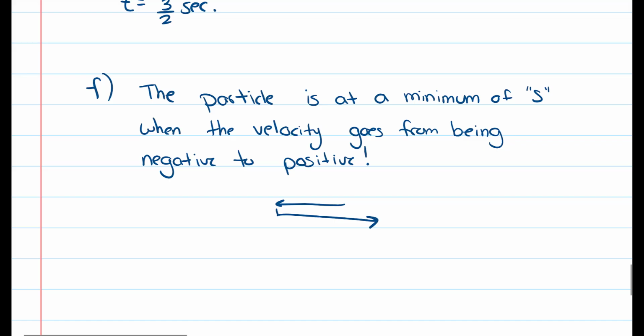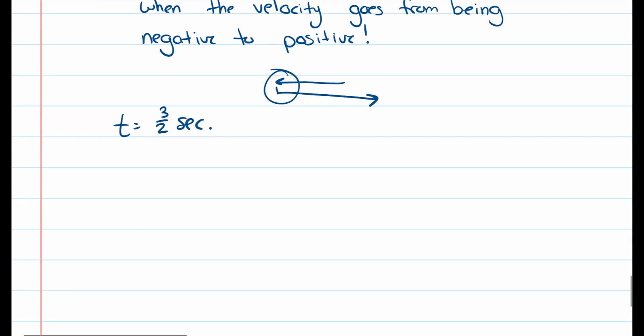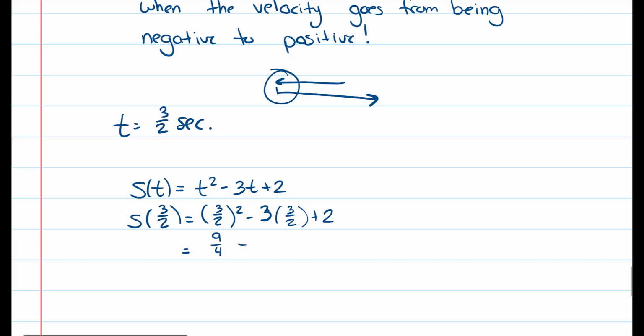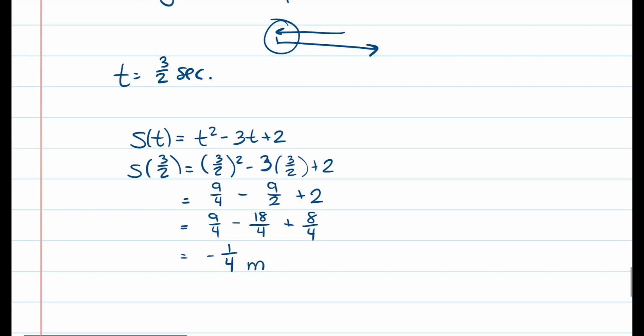And since this thing never turns around again, the minimum is when t is equal to 3/2 seconds. So in order to find the position, we're going to plug that time into our position formula. So s of 3/2, and then all we have to do now is solve. And so we have the position is equal to -1/4 meter.